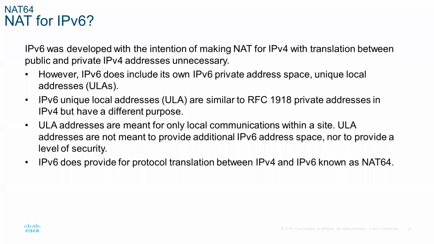These are not used to provide additional addressing within the IPv6 address space, nor are they there to provide security. So basically there's no need for address translation within IPv6.